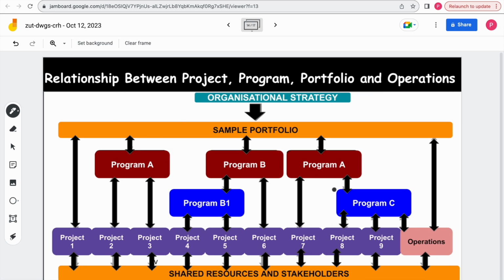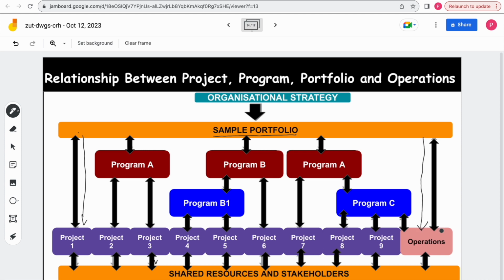So you can see here, this is a diagram from PMBOK. In this you can see, when you talk about portfolio, it has programs. Under program you can have another program, and under program you can have projects. In portfolio you can directly have program, and under that you can have project. In portfolio you can directly have project, and in portfolio you can directly have operations.